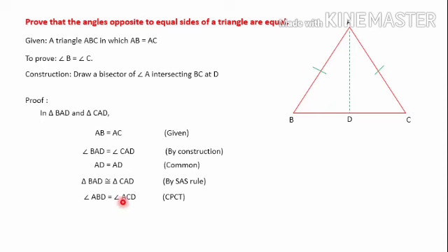So angle ABD equals angle ACD, that is, angle B is equal to angle C. That is what we had to prove. Hence the angles opposite to equal sides of a triangle are equal. The proof of this theorem is very important, so please go through it.